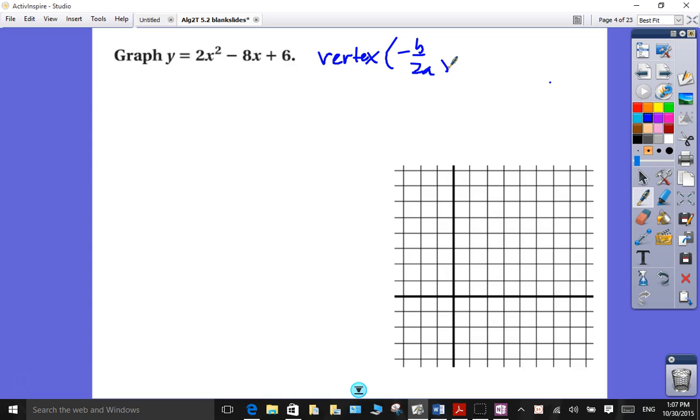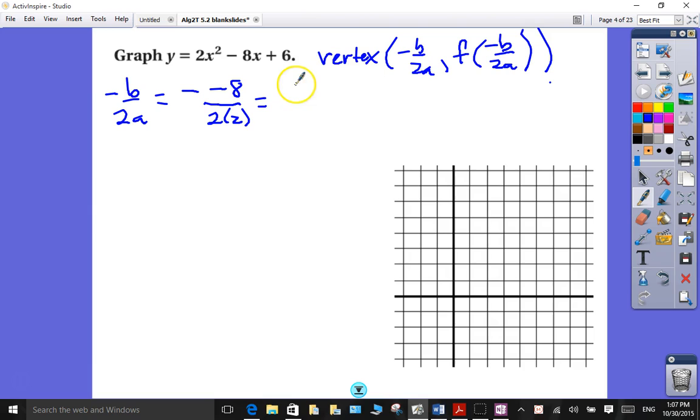So we would write negative b over 2a for the x, and f of negative b over 2a for the y. Negative b over 2a equals negative 8 divided by 2 times 2, which is 8 over 4, which is 2. That's the x-coordinate of the vertex.